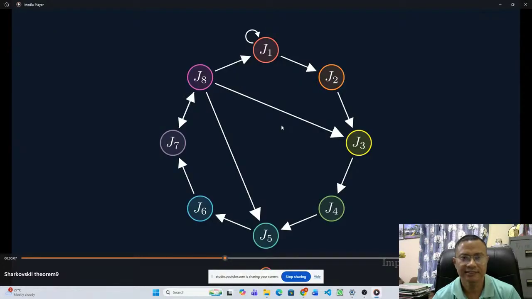You cannot find any primitive cycle of length 3, 5, 7.